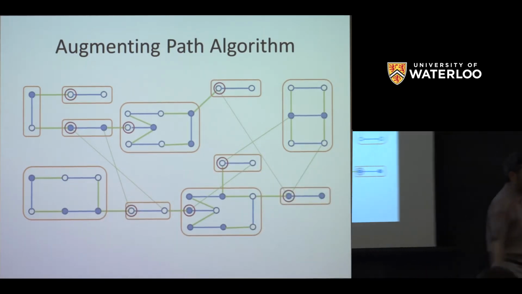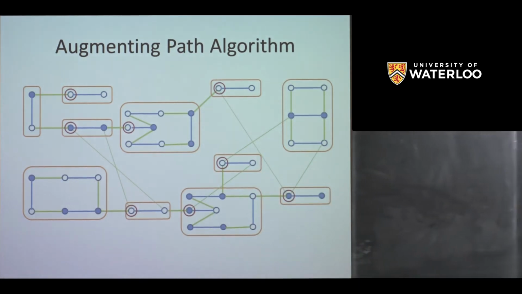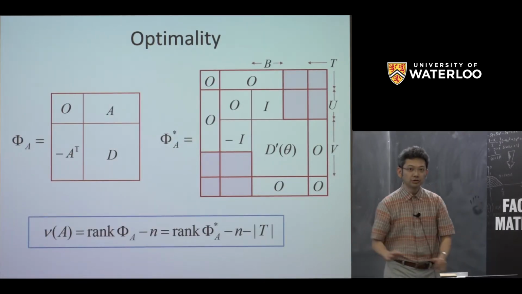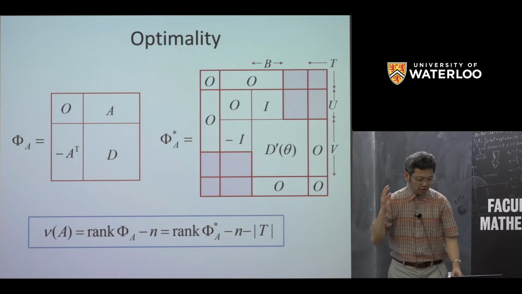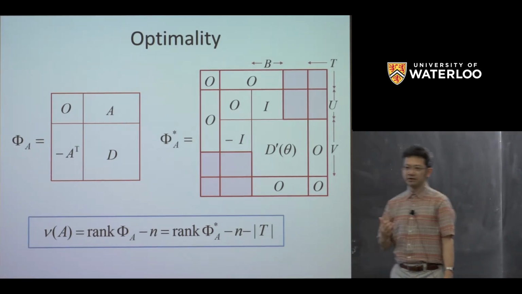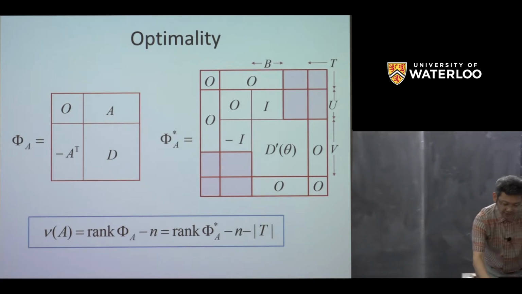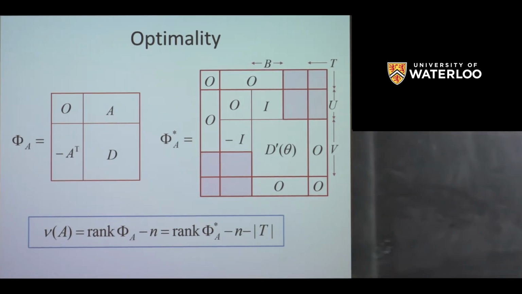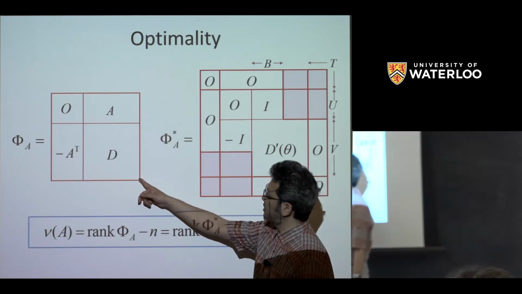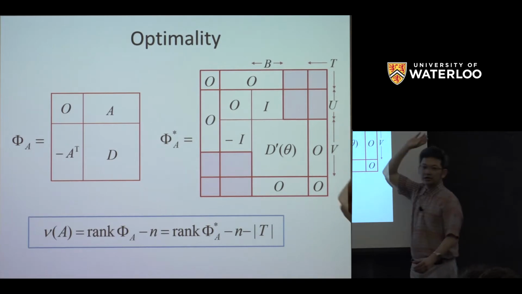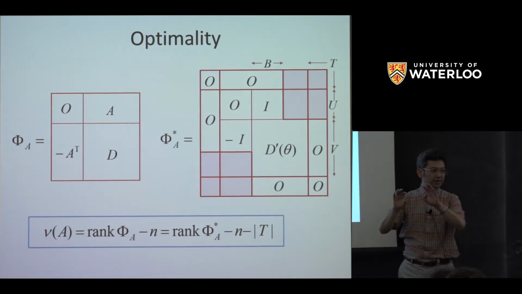Okay. Now, if we have that, what can we do? Let me go back to this matrix formulation. What we want to do is to say that our current base is in fact an optimal solution. Now, remember that we started with this skew-symmetric matrix, but if we apply this algorithm, we have added some tips and the mates of tips, okay?